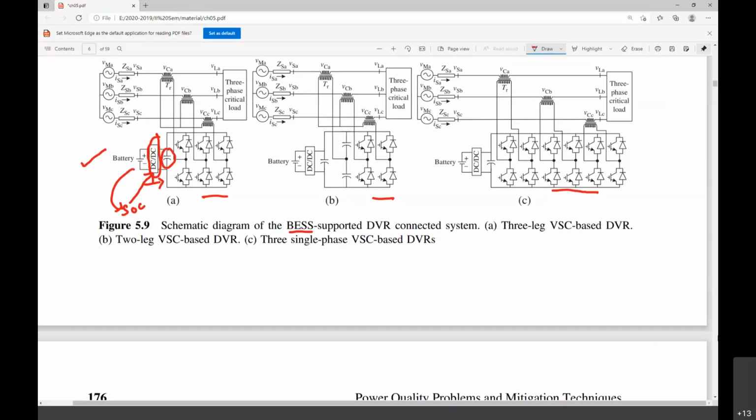In the case of a swell, it has to take energy from the source to the battery. In all these cases, this inverter operates based upon the VCA voltage, but not the DC link voltage.